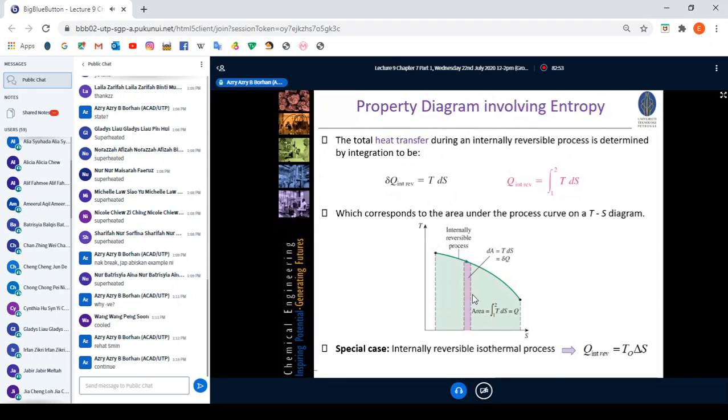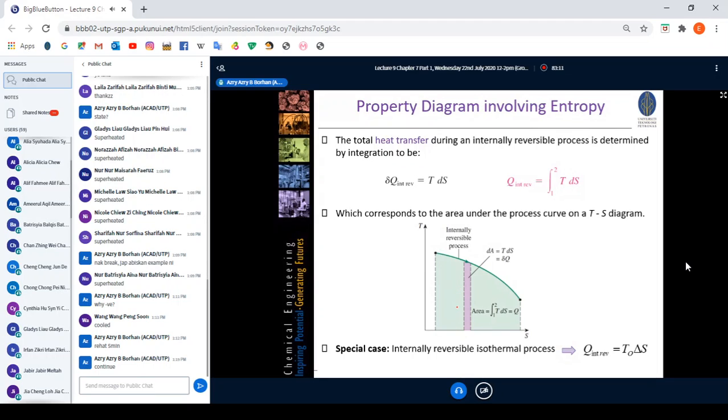Now, if we were to plot a graph of temperature versus entropy, like this one, and let's say you have a curve connecting between these two states, right?